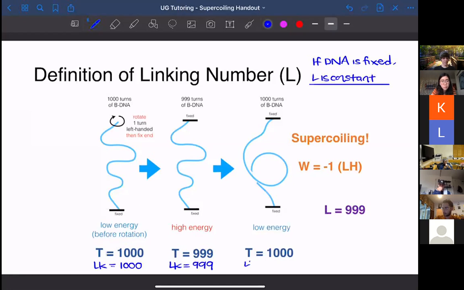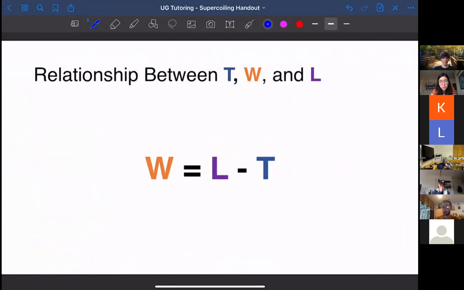So in this case, the linking number remains at 999. And the twist has to go back to 1,000 because of its base stacking interactions. And because of this, the writhe is what changes. And this is the relationship between the twist, the writhe, and the linking number.